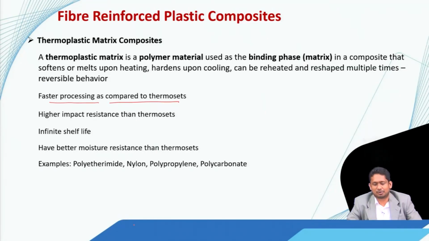So, if we want to produce in bulk, thermoplastic can be an option depending on the other requirements. Then it has higher impact resistance than thermosets. It has infinite shelf life, so we can store the resin for a long time, and it has better moisture resistance than thermosets. There are various examples like nylon, polycarbonate, polypropylene, and so on.